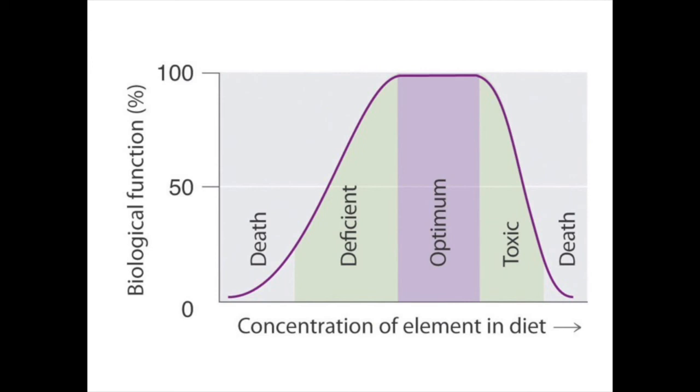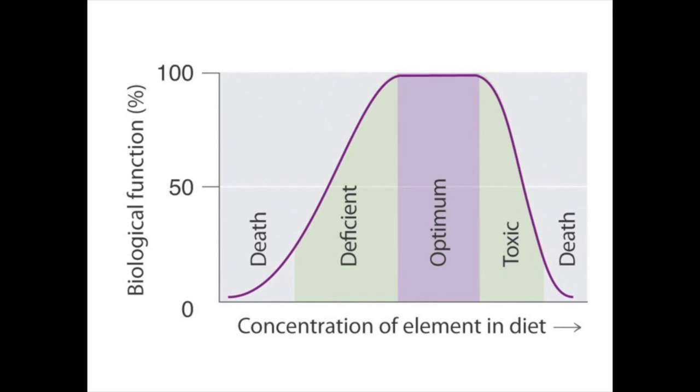And that means that whatever that vitamin that you are deficient in, or that mineral, or whatever the other substance is, your body is not going to perform optimally because it doesn't have enough of something that it needs. Now, ultimately, if you got way too deficient in something, it could lead to death. Now, this figure shows the potential for too much of an element in the diet to be toxic.